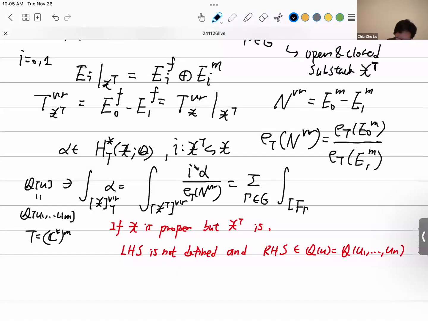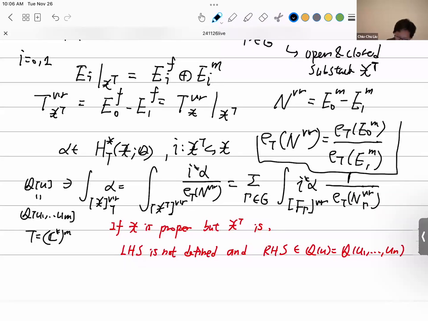Each component has this virtual class, and this is the restriction of the virtual normal bundle to F_gamma.